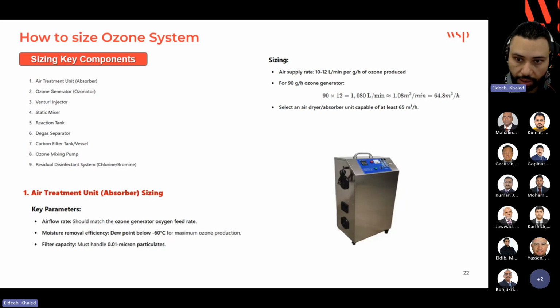So for every 1 gram per hour of ozone, you need 12 liters per minute of air. According to this, you can size the absorber. As we see in this example calculation, if we have a 90 grams per hour generator, we need at least a 65 cubic meter per hour absorber unit.